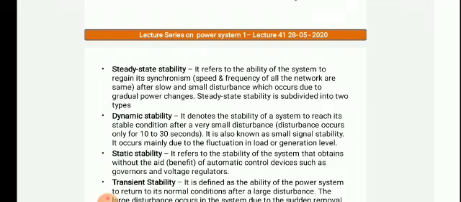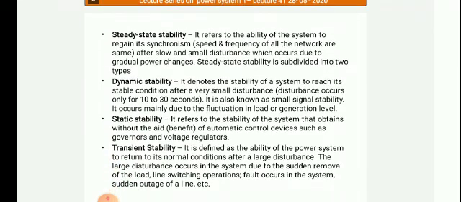Steady state stability is further divided into two types, dynamic stability and static stability. Dynamic stability denotes the stability of the system to reach its stable condition after a very small disturbance. It is also known as small signal stability. It occurs mainly due to fluctuation in load or generation level.